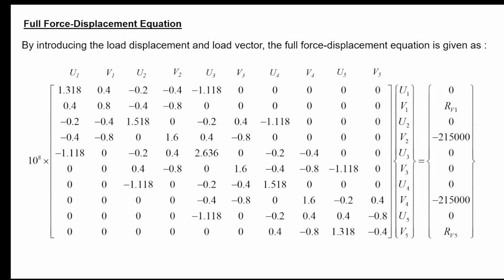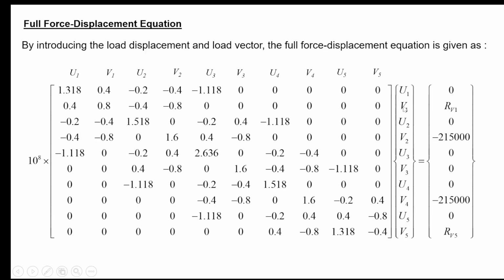The force vector is obtained by placing the load for each of the positions. For instance, here at node 1, there are two force components. One corresponding to U1 should have been F1, which is the horizontal force. There is no horizontal force, that is why this place is zero.